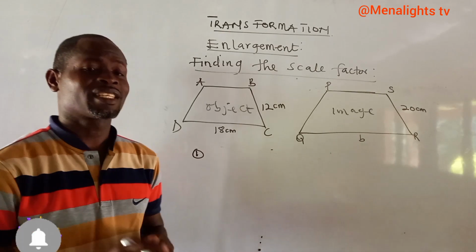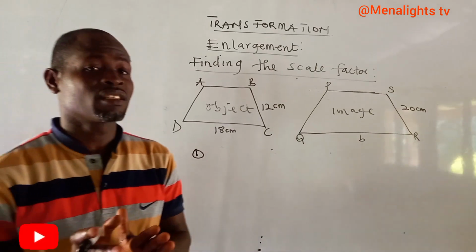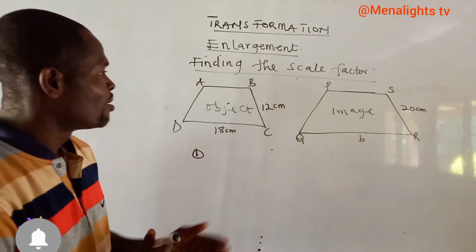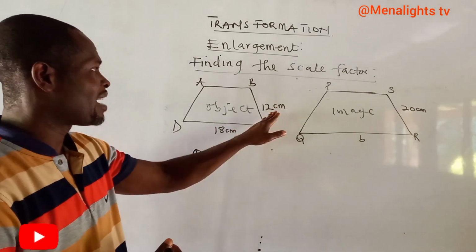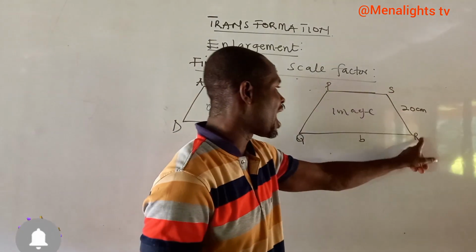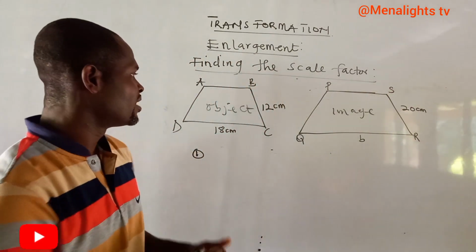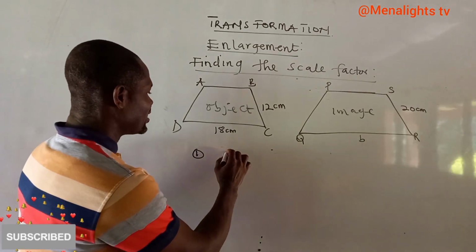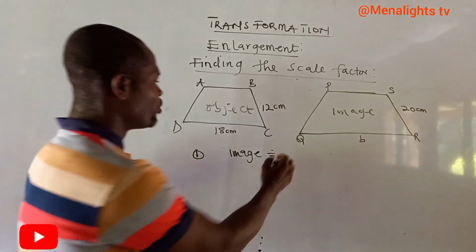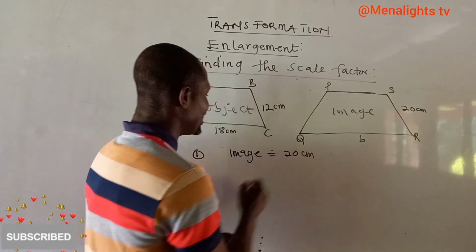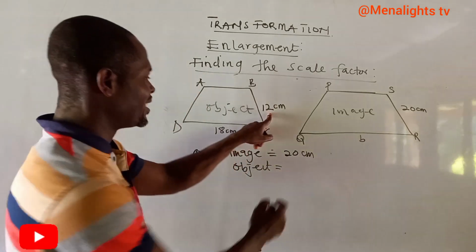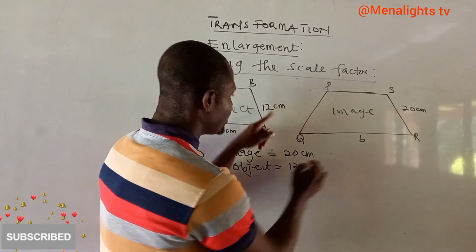The scale factor is the image distance divided by the object distance. Now when you look at the dimensions that are given here, we have BC, which is similar to SR. The image distance is 20 centimeters, and the object distance is 12 centimeters.